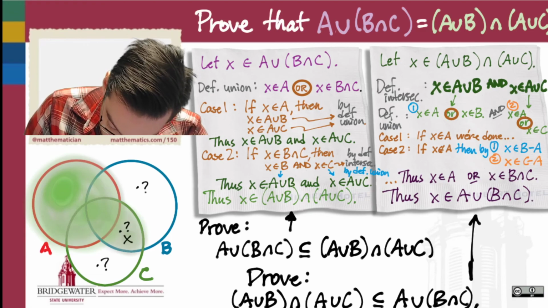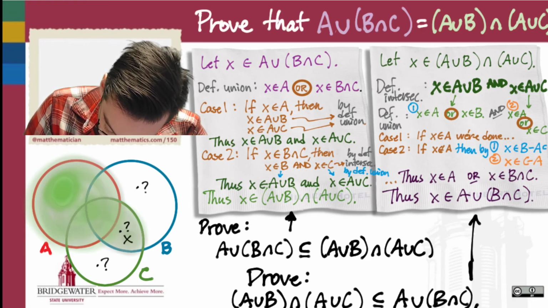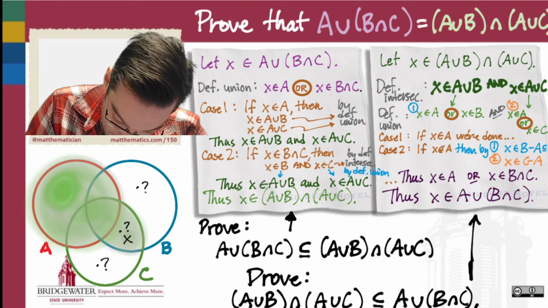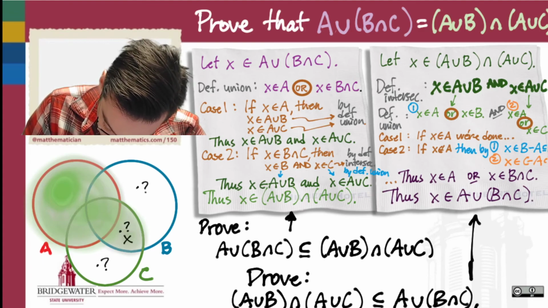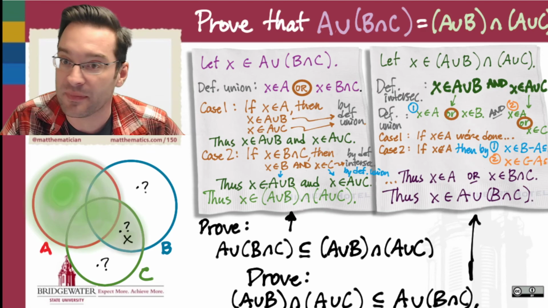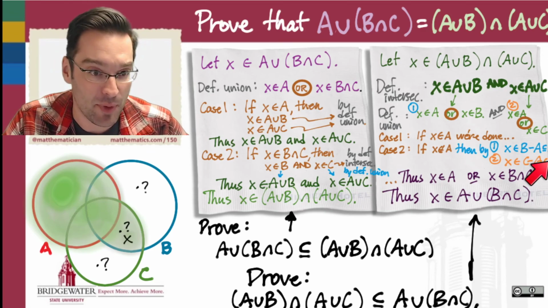Another way to say that is to say B minus A, which is a subset of B. C minus A, which is a subset of C. You see that? It's kind of right at the edge of my board here.